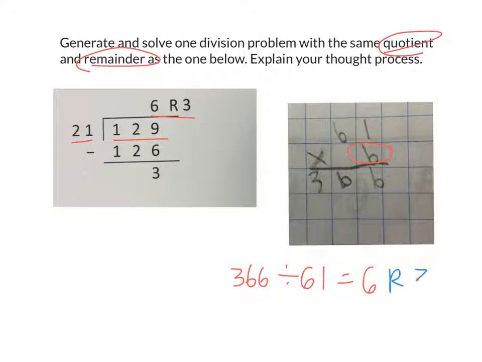So how can I make it so that I'll have 3 left over when I divide it by 61? Akil? The whole thing would be 369. I have to add 3 more here so that I'll be left over with 3. Does that make sense? Using what Akil just discovered, make 1 or 2 more problems where the quotient will be 6 and the remainder will be 3.